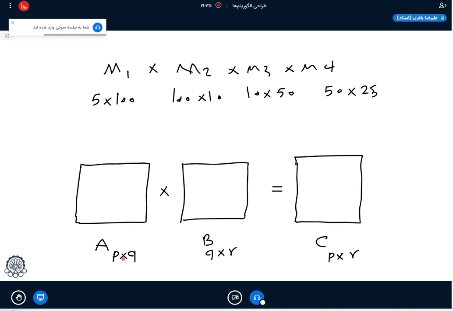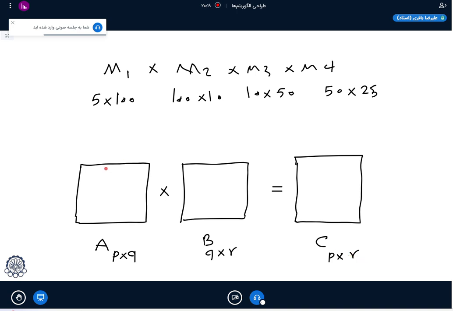When we multiply a matrix of dimension PQ by a matrix of dimension QR, the middle dimension is removed and the result has the first dimension as its number of rows, and the number of columns is the last dimension, I mean R. So if we multiply A, which has PQ dimension, by matrix B, which has Q and R dimension, the result is a matrix C, which has P and R dimension.